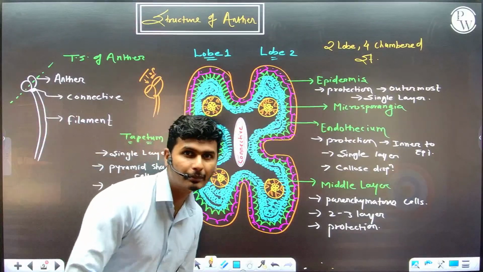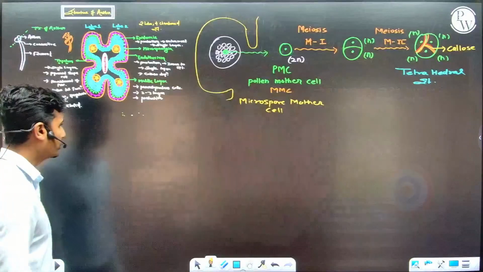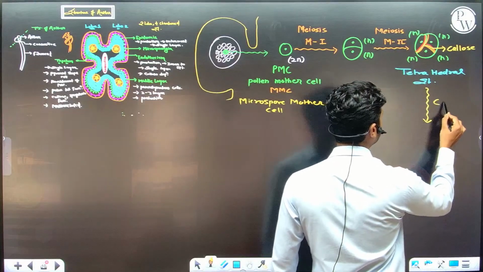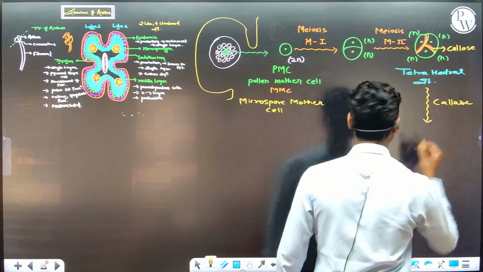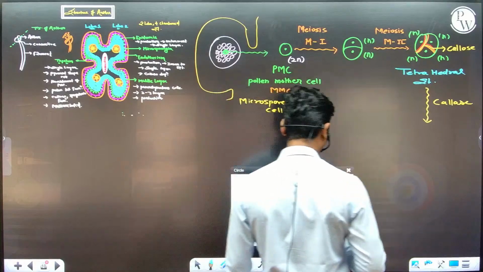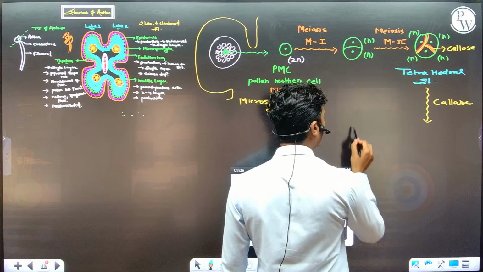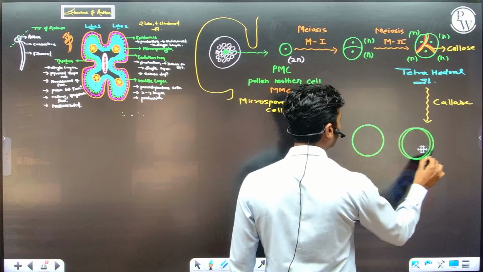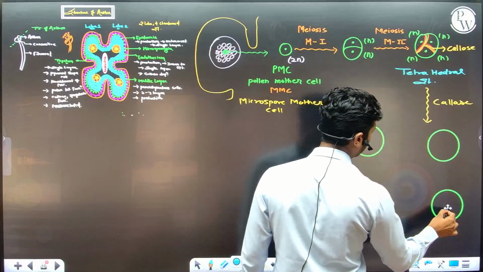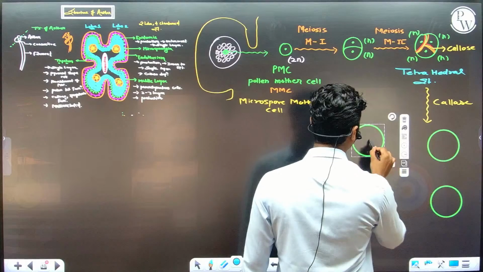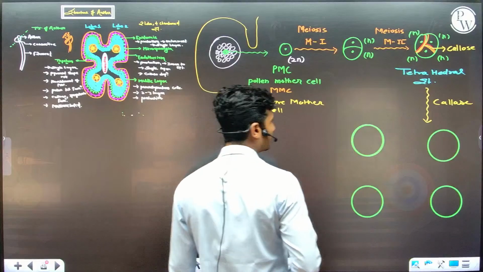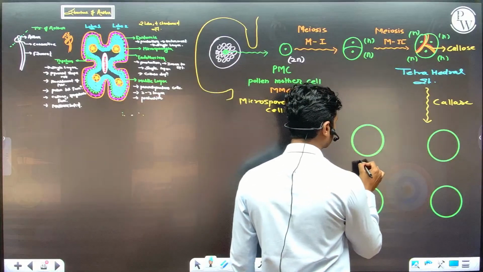The tetrahedral structure, in the presence of callase, breaks down into 1, 2, 3 and 4. Those 4 are known as microspores.